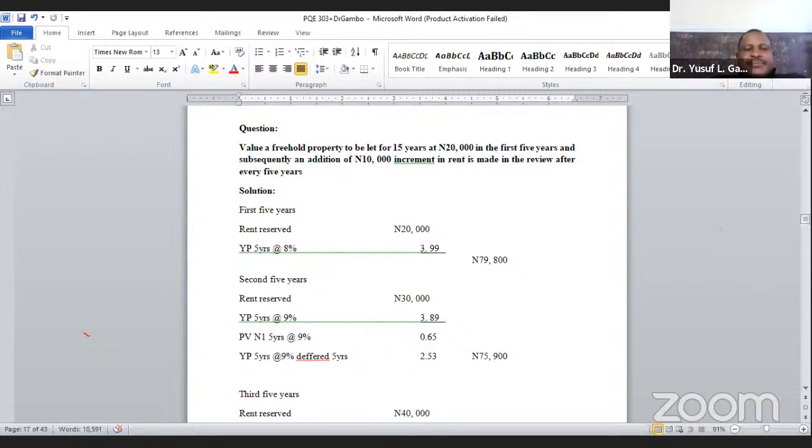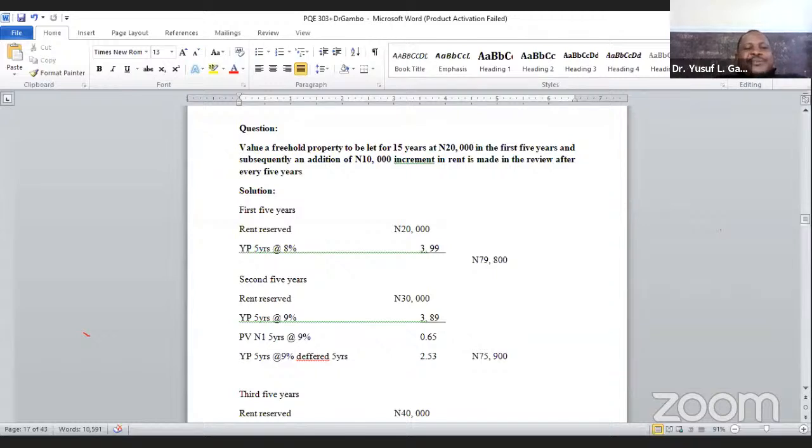Now, the first 5 years, that one you don't need anything. It's 20,000. So YP 5 years at 8% gives you 79,800. Now, the second 5 years, which is the 10th year, isn't it?